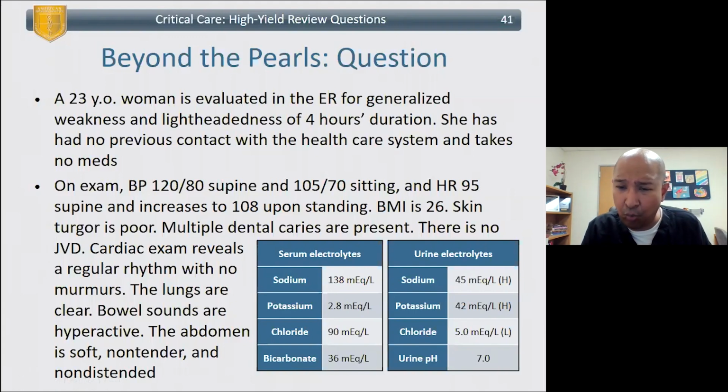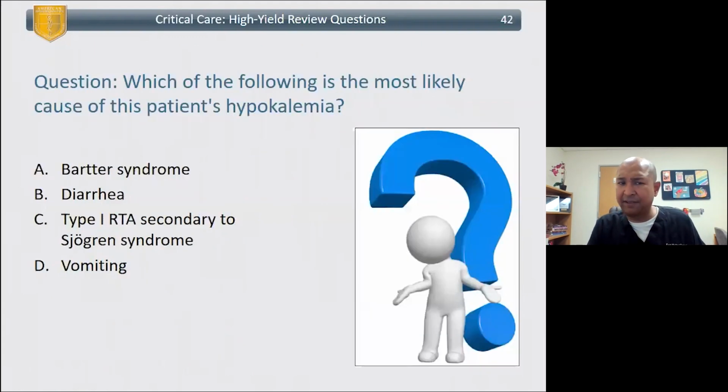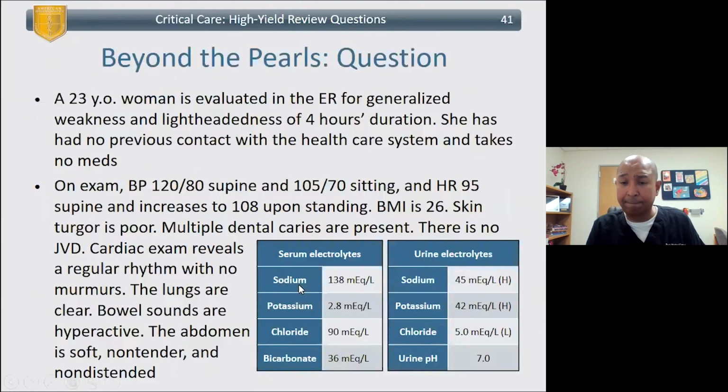So which one of these is going to fit that? Is it going to be Bartter syndrome? Or is it going to be someone who's having lots of vomiting? So, I really wish we could just yell out what the right answer is going to be. So if someone's vomiting, what do you think the urine sodium is going to be? And I already kind of predicted.